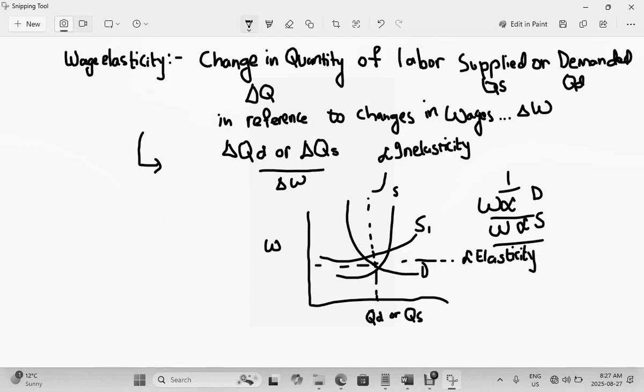And in terms of infinite inelasticity, the wages keep on changing, but the quantity of labor either demanded or supplied does not change. So we're probably talking about a job such as low skill labor. If you do have low skill labor, it's possible that the workers need the job and are able or willing to work at minimum wages.